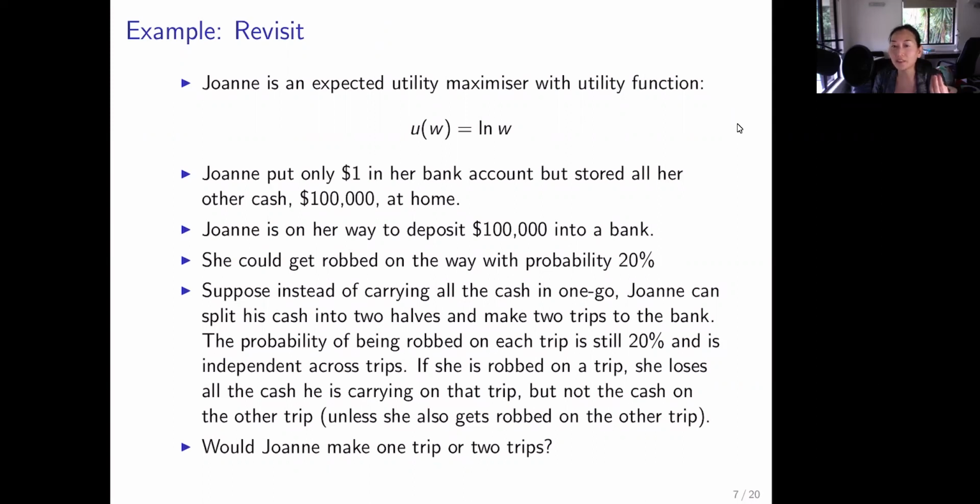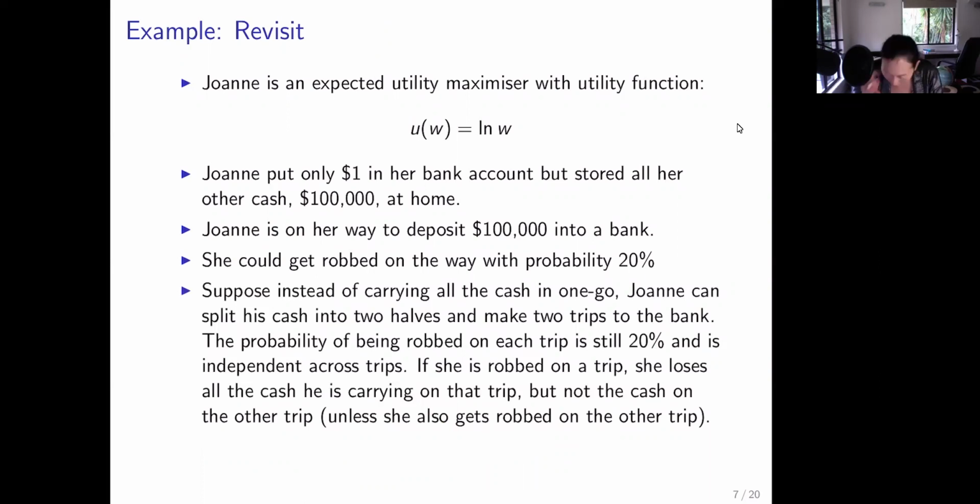Right. So now there are 2 options here. Option 1, or I call it option A, is to make 1 trip. And option B is to make 2 trips. Now you have to choose. Would Joanne prefer option A or option B? So for option A, 1 trip, and option B, 2 trips, what do you have to do?